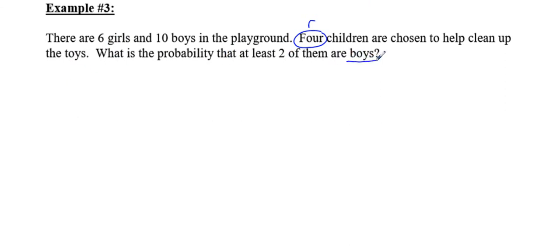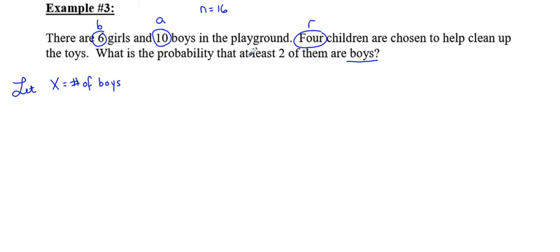So we want things in terms of boys, so that's going to be our X. So let X equal the number of boys. If X is boys, that means 10 is A, and the other group is girls, so that is B. And your N is the total number, which is 6 plus 10, which is 16.